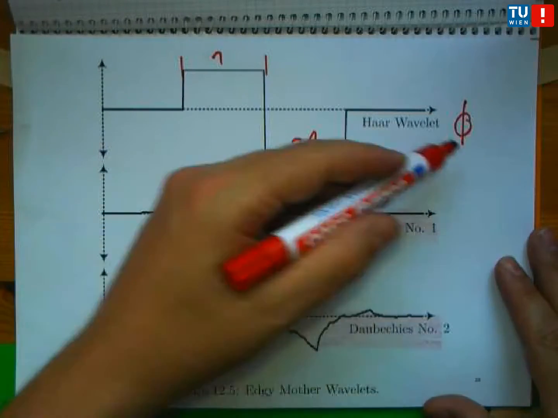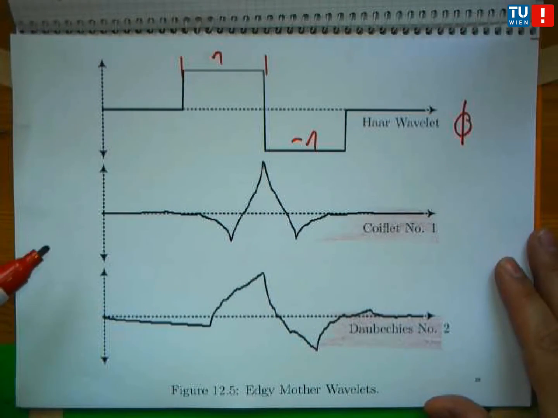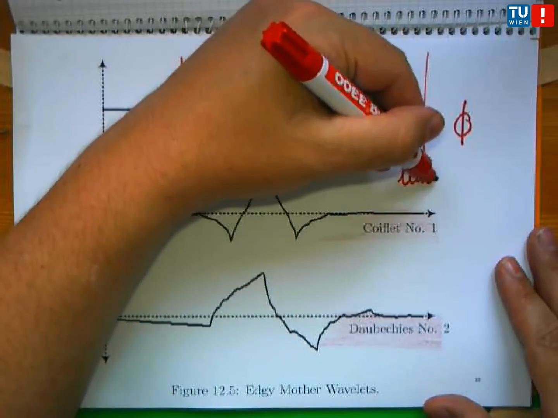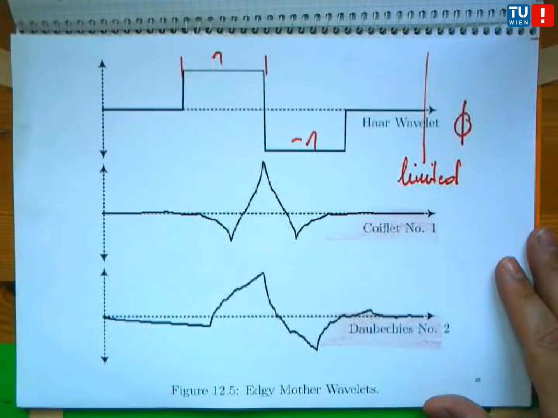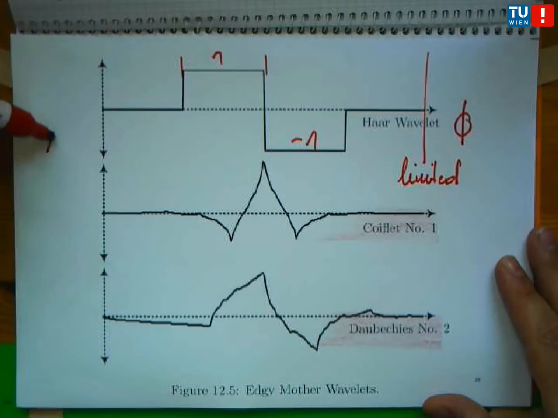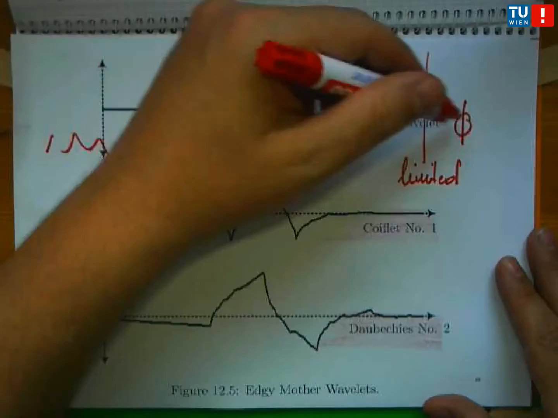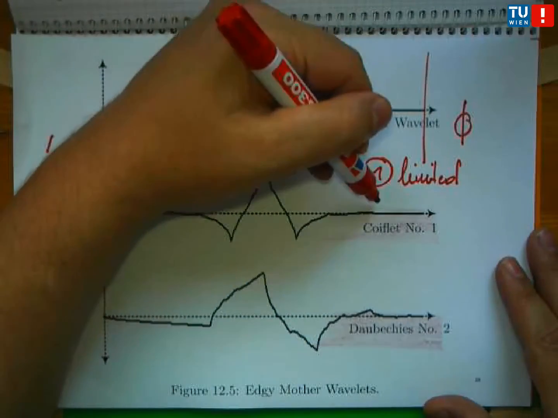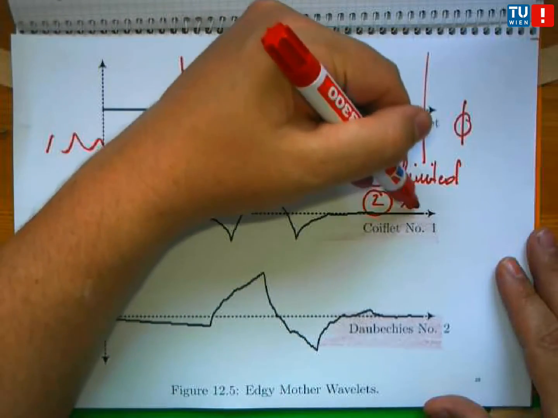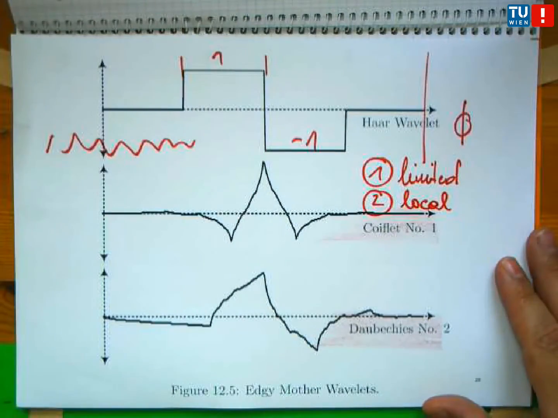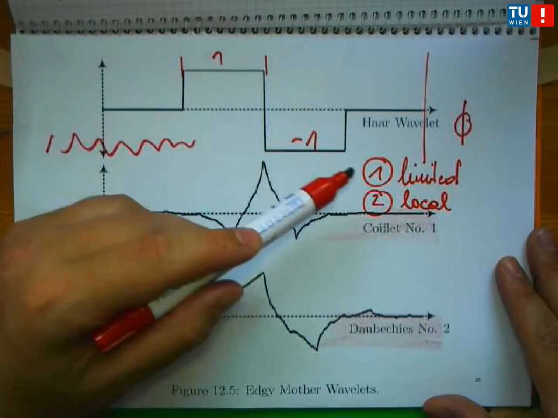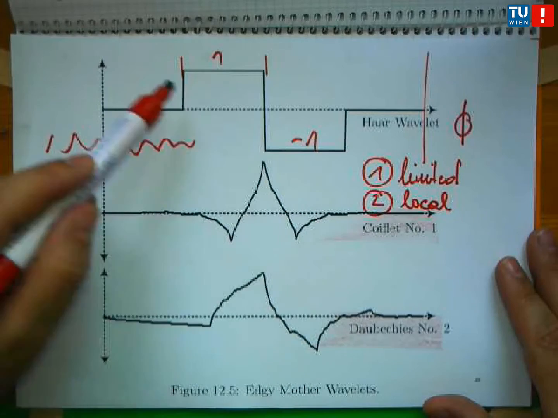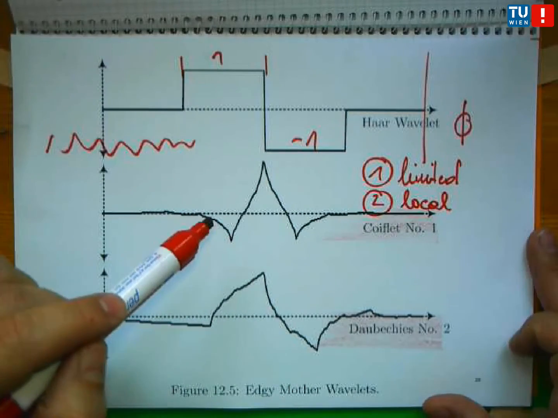But how do we apply such a wavelet function? It has two properties. The first one is that it is limited. Since it's limited, in comparison to a cosine function that is defined for every value on the x-axis, it comes up with a different property. It can be used locally. That means I can employ it not just on the entire signal, but at a particular position.